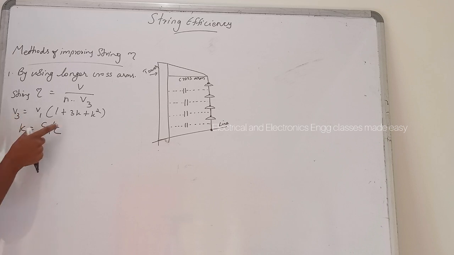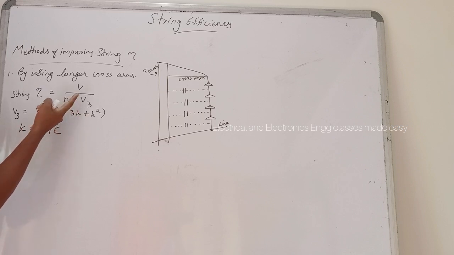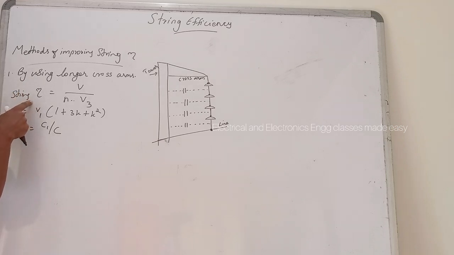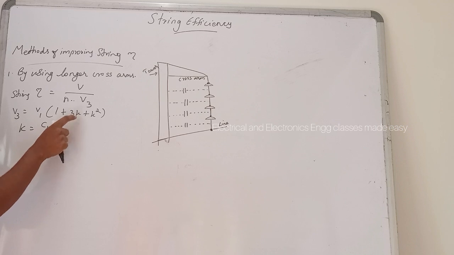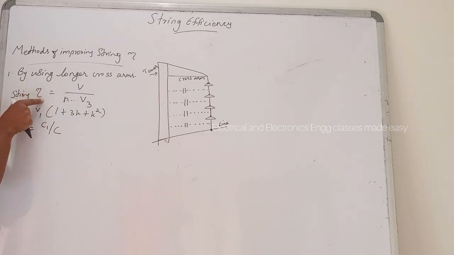So V3 depends upon the value of K. The lesser the value of K, the greater is the string efficiency. If the value of K is lesser, then V3 will be less, and we will get more string efficiency.